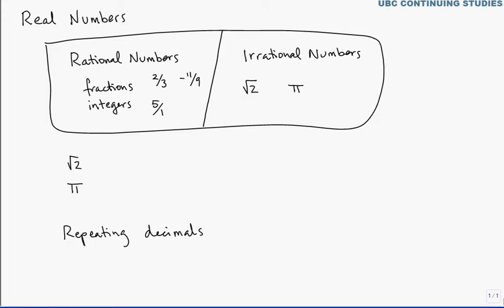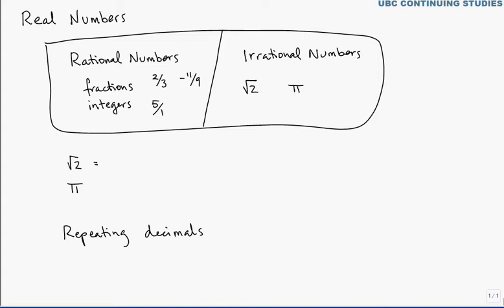Now, the ancient Greeks had a big problem with this. They thought that all numbers could be written as rational numbers until somebody came along and proved that a number like root 2 simply cannot be written as a ratio of two integers. Now, one of the properties of this fact is that when you look at the decimal equivalent of an irrational number like root 2, it never stops and it never repeats.